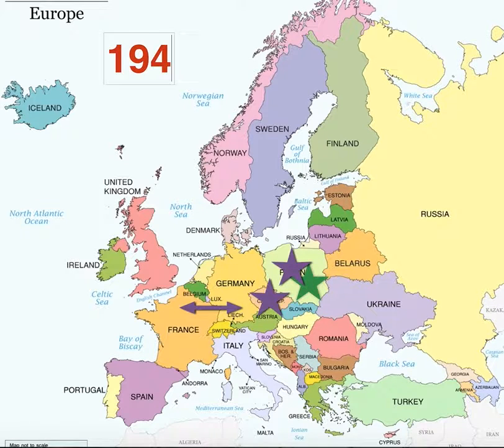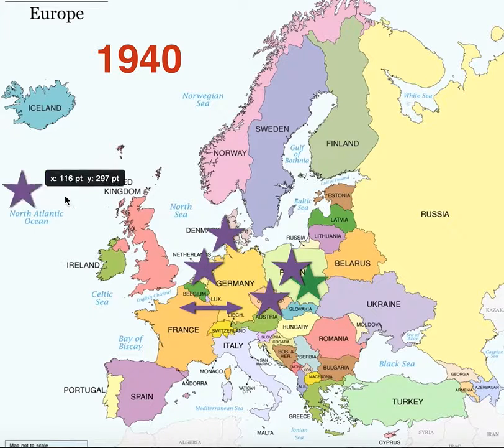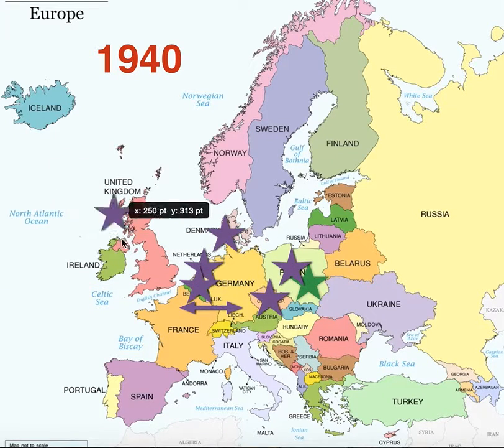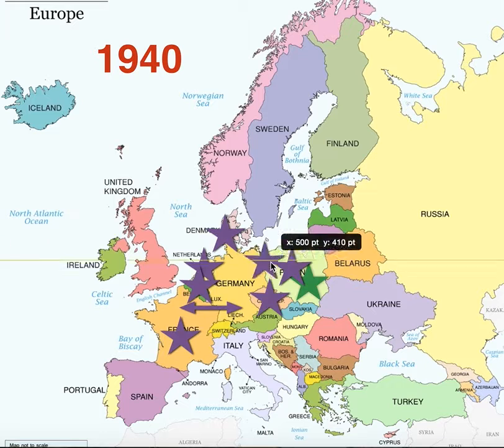In 1940, the Germans invade a number of countries, including Denmark, the Netherlands, Belgium, France, and Luxembourg.